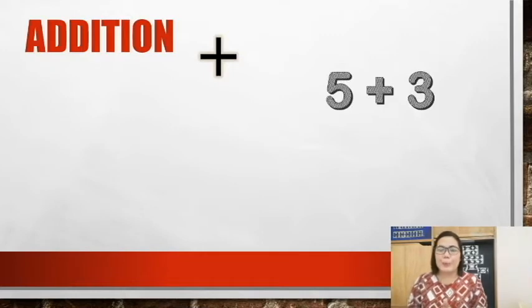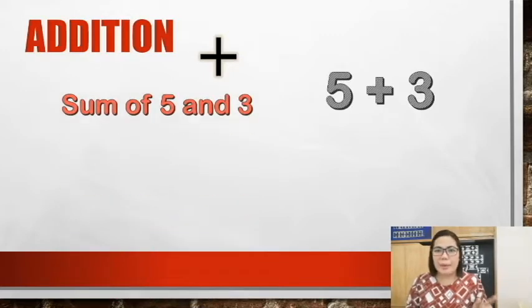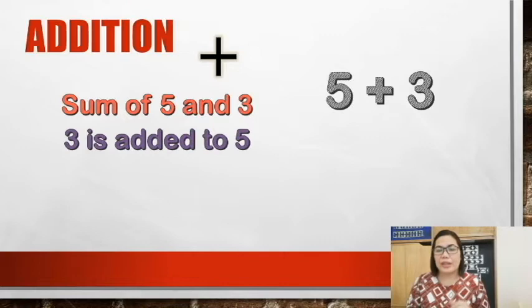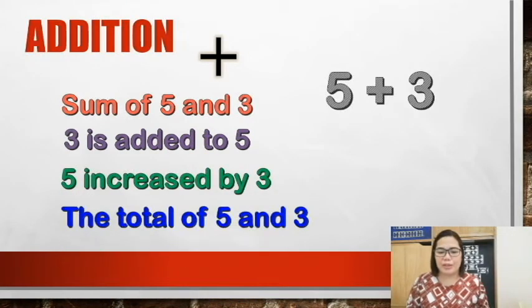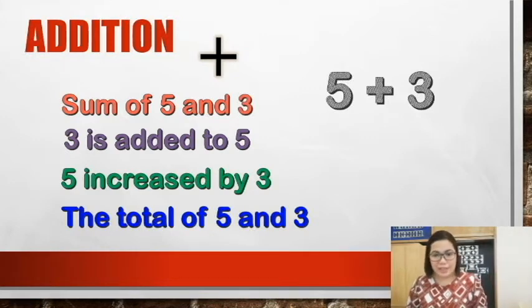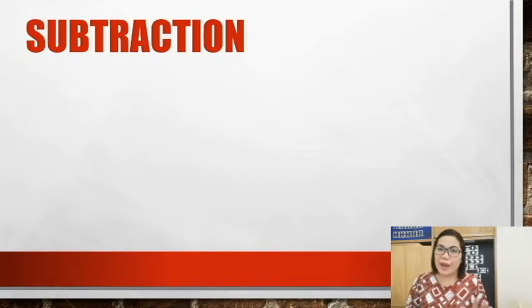This is also the same when we say sum of 5 and 3. 3 is added to 5. 5 increased by 3, the total of 5 and 3. Therefore, the words sum, added to, increased by, og ang total, buot pasabot nga ang operation nga atong gamiton is addition.